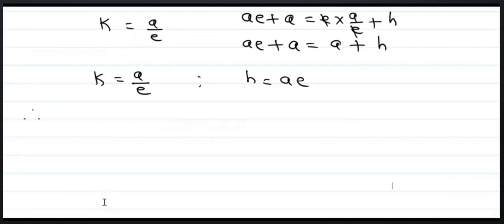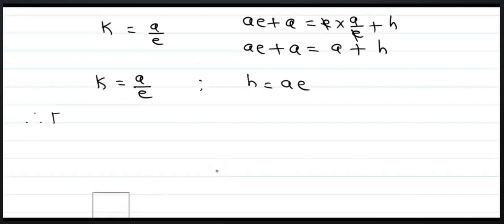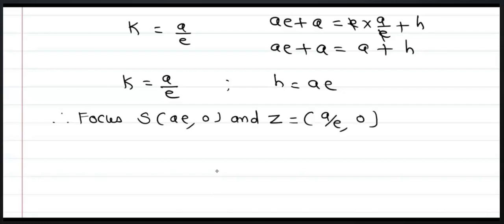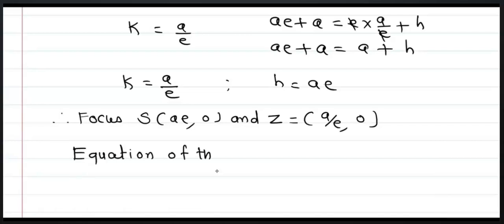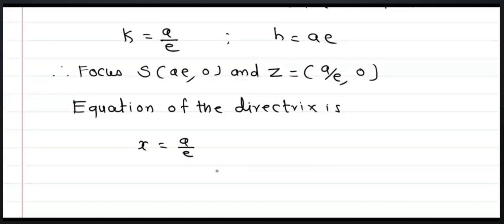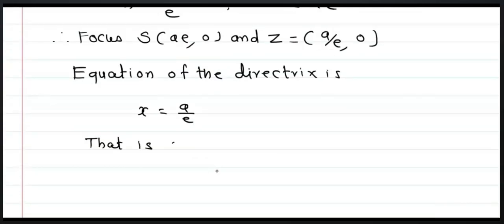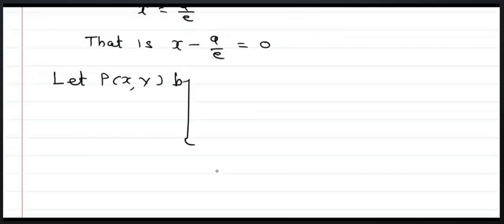Therefore, F, that is the focus S, is (ae, 0) and Z is (a upon e, 0). Now the equation of the directrix is x equals a upon e, that is x minus a upon e is equal to 0.